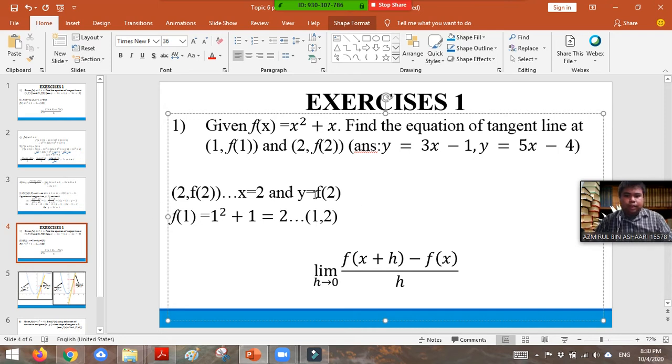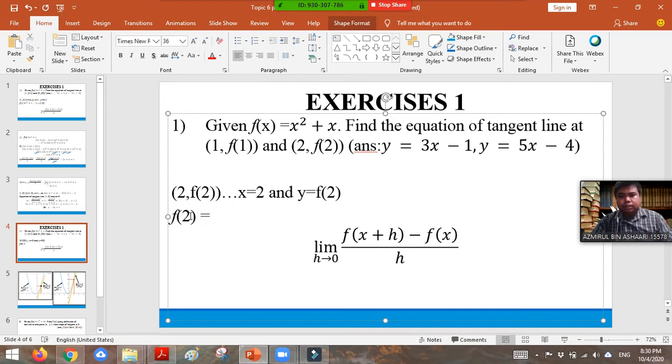So you want to find f(2), you substitute this one, which is f(2). Okay, f(2), which is this one, f(x). If they are 2, so this becomes 2 and this becomes 2, which is 2 power of 2.